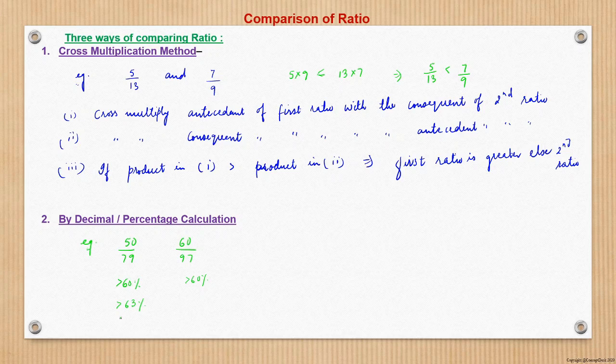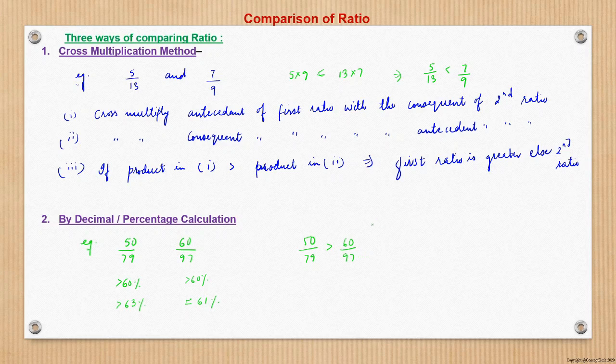And 60 by 97 will be somewhere in the range of 61%, right? This method I will tell you in the percentage session, so just take your time. So from here we can say that since the first ratio is more than 63%, whereas the second ratio is somewhere around 61%, 50 by 79 is greater than 60 by 97, right?